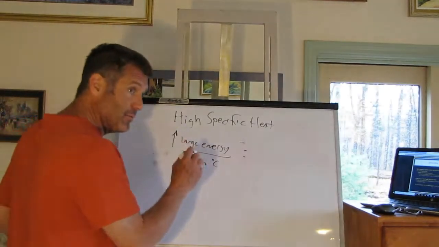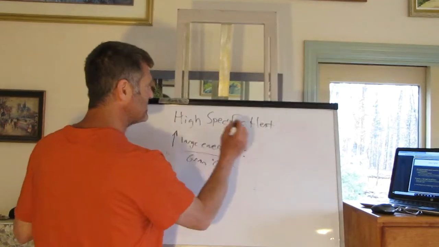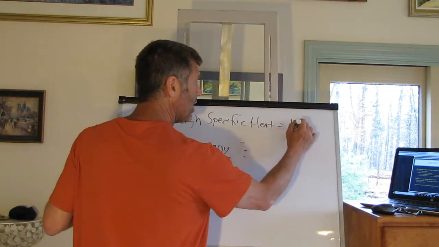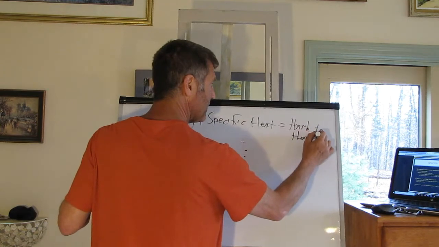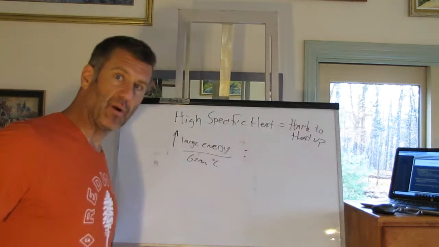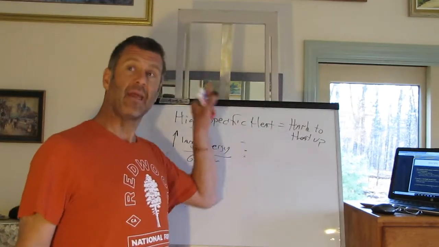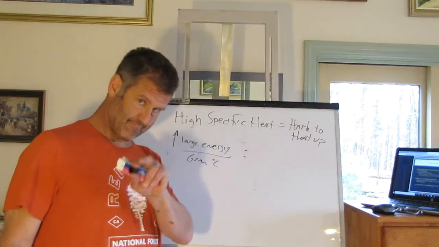So the way you could think about this is that high specific heat equals hard to heat up. How are you going to remember that a high specific heat is hard to heat up?